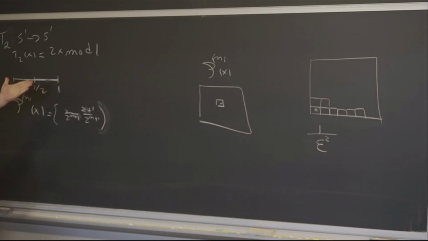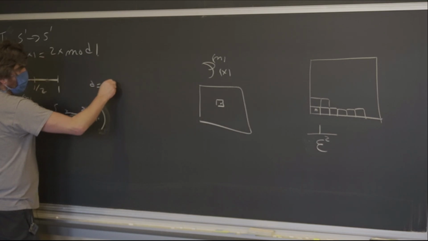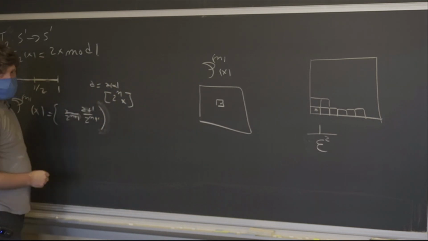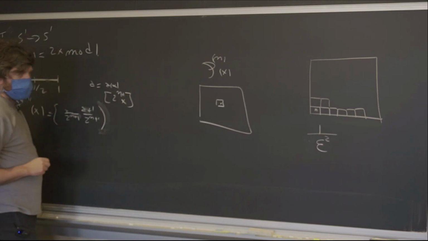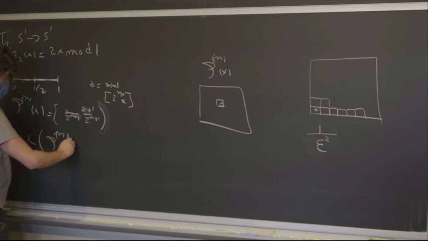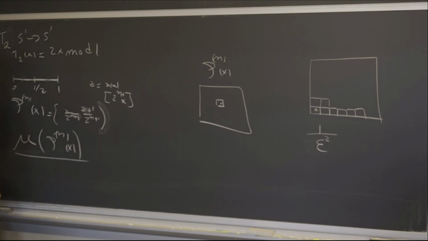And is this where a is a of x, which is nothing but the integer part of 2nx or 2n plus 1x, I guess. Something like that. Okay, so these are the partitions. And once we see it, we are asked by Shannon-McMillan-Breiman what is the measure of this Pnx, log of it divided by n.